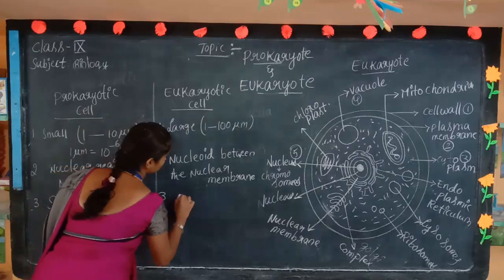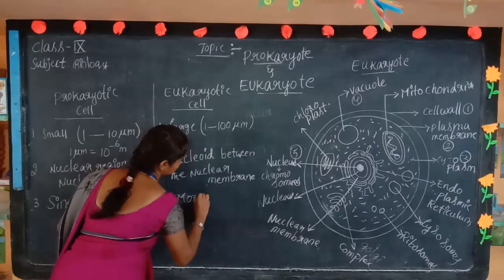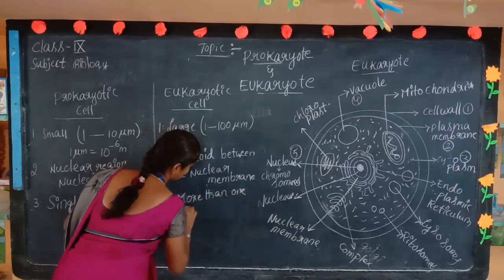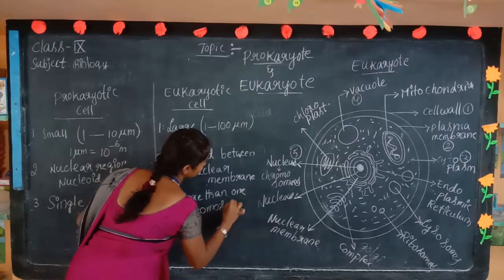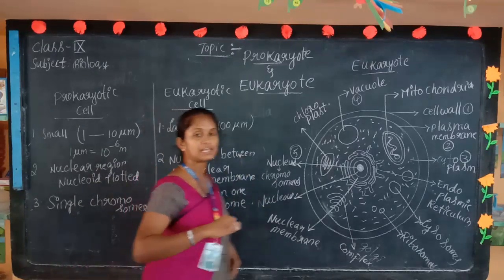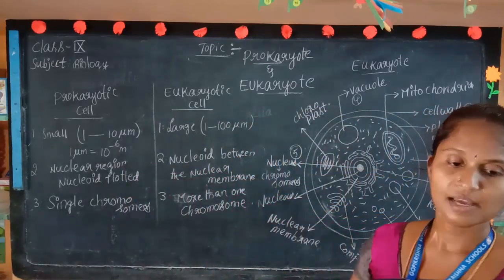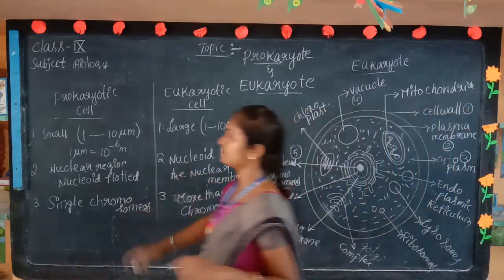But here, more than one chromosome is present, in the eukaryotic cell.